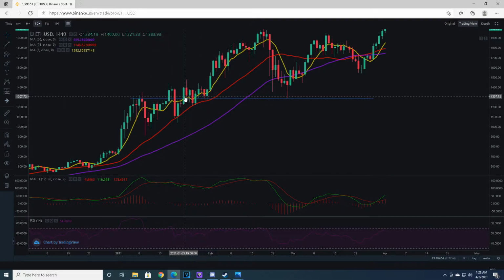This was a support here from January 23rd. It broke above it and hadn't stayed below it since then, and then went way above it and didn't even touch it. It hadn't touched it since January 31st.